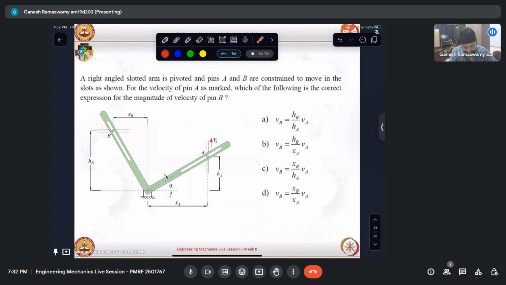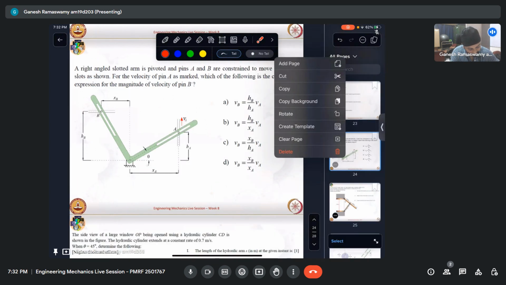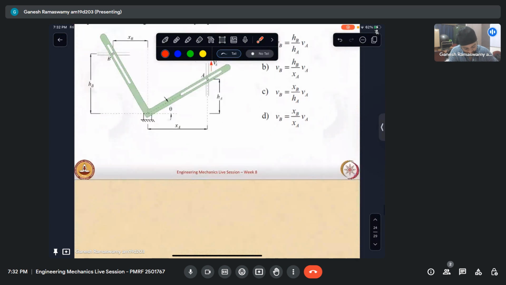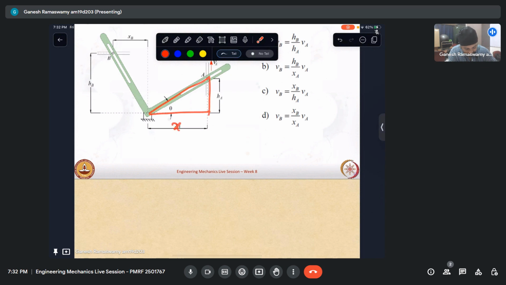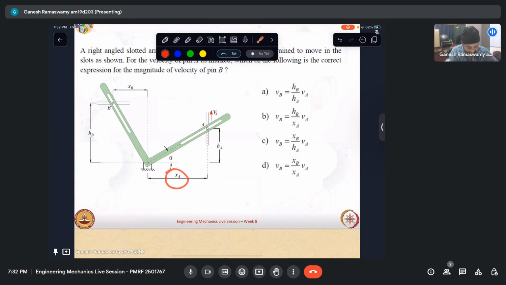So we have been asked what is the magnitude of that VB. This is VB. We have been asked what is the magnitude in terms of VA and what we know from the geometry of the system. So let us look at that. Now from here, we can see that this distance is XA, this is HA, and in this configuration XA remains fixed. We have a pin and then we have the path where the pin moves.